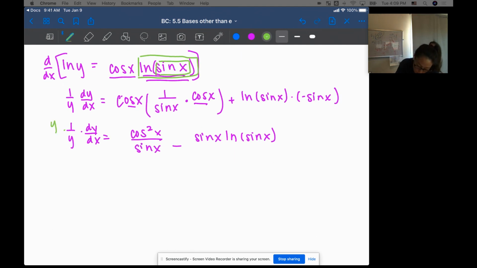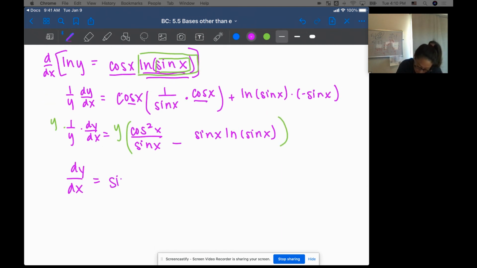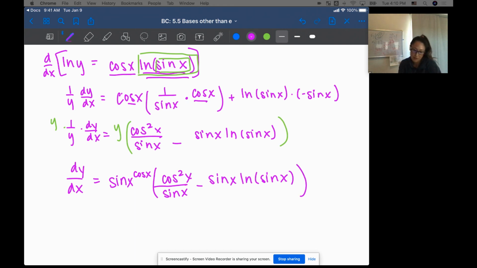So let's go ahead and multiply both sides by y. So I get dy/dx, and then let's substitute in y. We know that y is equal to sine x raised to the cosine x. So I have sine x raised to the cosine x times cosine squared x over sine x minus sine x ln sine x, and that's the derivative.